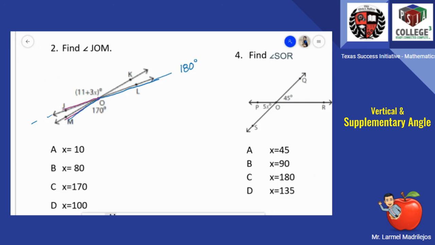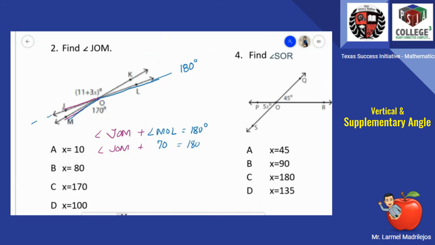So angle JOM plus angle MOL equals 180 degrees, where MOL is 170 and JOM is unknown.